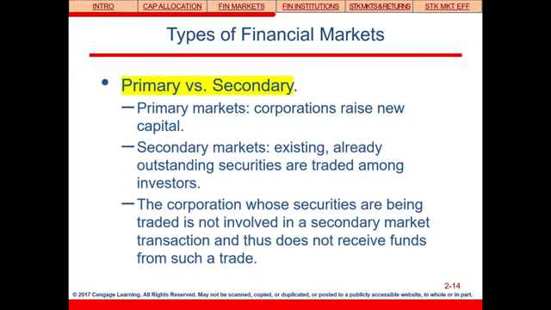While the secondary markets are markets where existing, already outstanding securities are traded among investors, which means the corporation who issued the capital no longer gets involved in the secondary market.